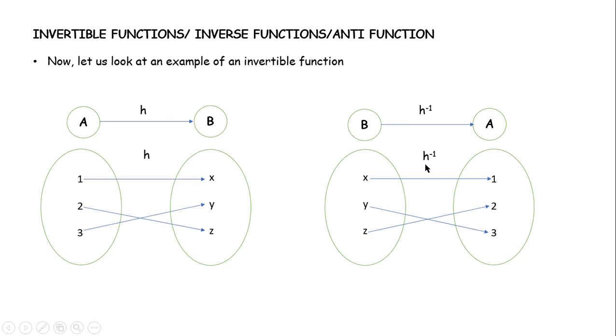So I can clearly see that this satisfies all the criteria of a function. That means after inverting h, I still get a function which satisfies all the criteria of a function. Hence I can say that the inverse of h exists, and hence h is an invertible function. So this is the concept of an invertible function.